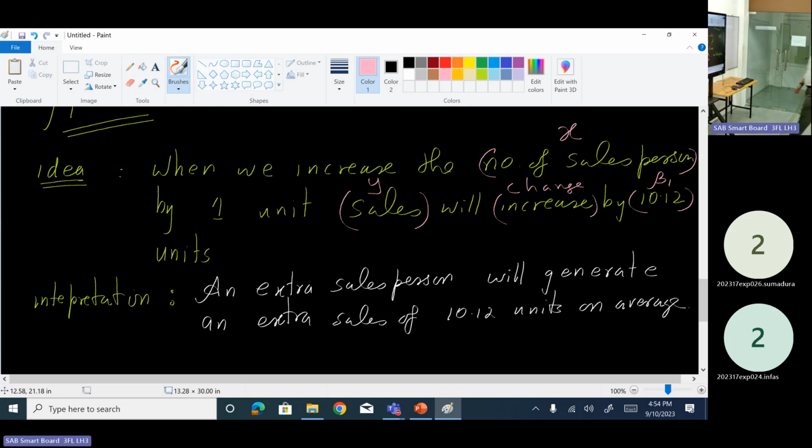So beta 1 is done, right? So the general idea is when we increase the x by 1 unit, y will change by beta 1. You apply that to your problem related to your x and y, and put it in a nice form.